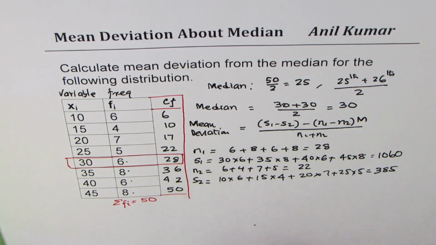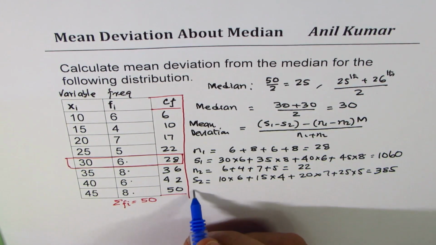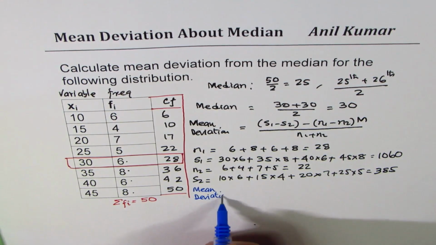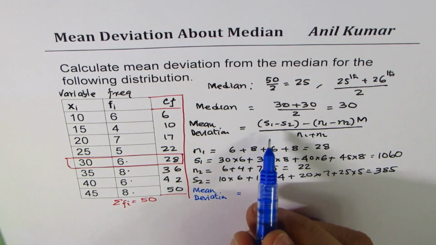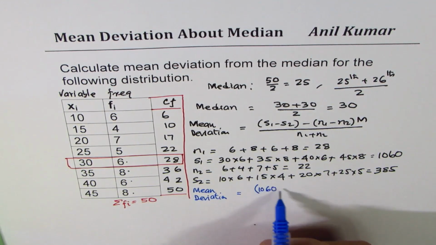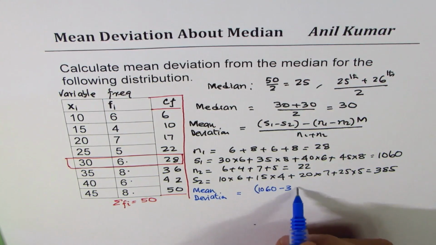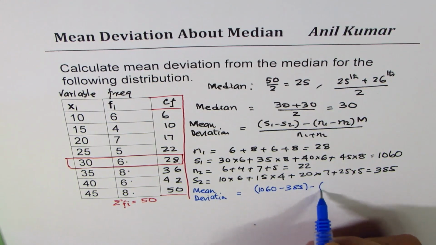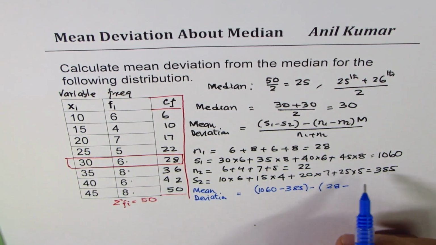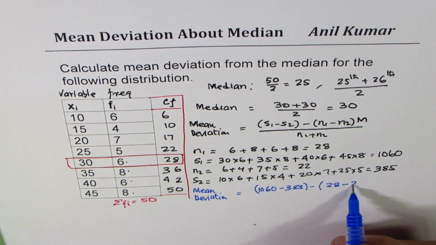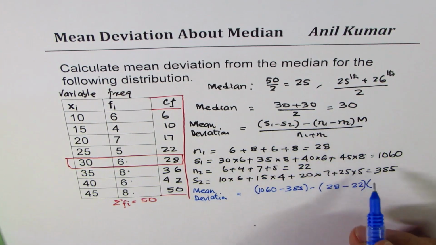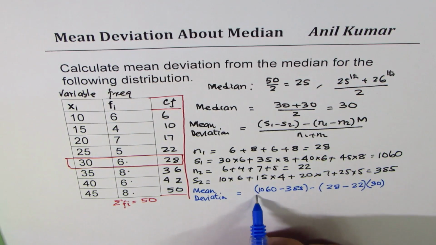So now we can find the mean deviation. Let's write down. It is equal to S1 minus S2. S1 is 1060 minus S2, which is 385, minus N1 minus N2, which is 28 minus 22, times the median, which is 30, divided by 50.